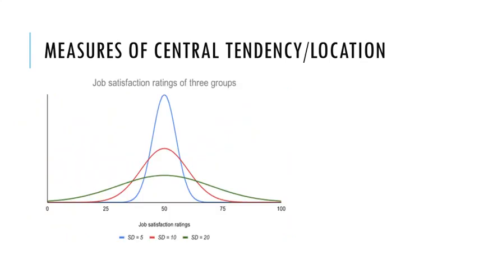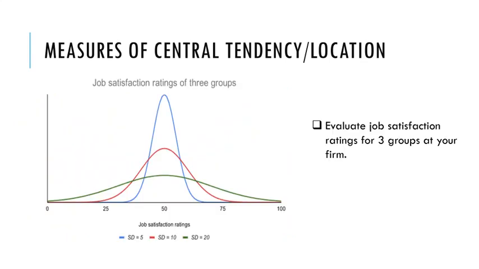Now here's an example that illustrates this as well. Let's say that you evaluate job satisfaction ratings for 3 groups of workers at your firm. These could be different departments. It could be people with little experience, medium levels of experience, and lots of experience, or seniority at your company, people that are new, people that are not that new, and people that have been there a long time.